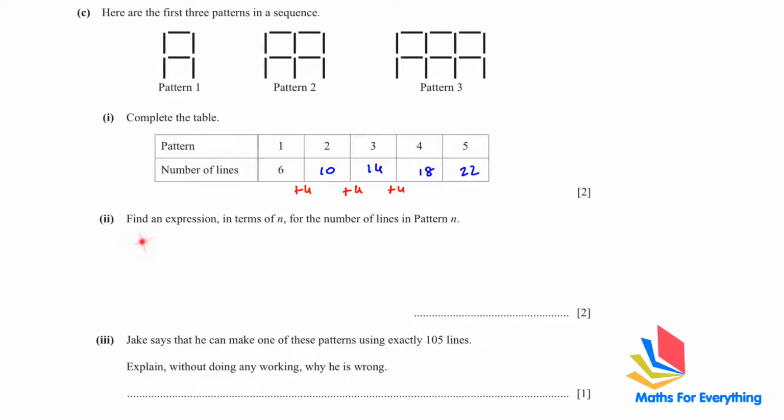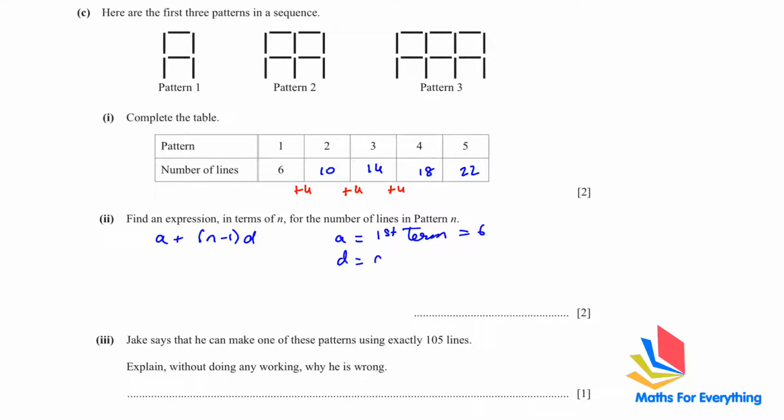Next, find an expression in terms of n for the number of lines in pattern n. If you add or subtract to get the next term, that is an arithmetic sequence. And for arithmetic sequence, we use this formula to find the nth term. A is your first term, which in this case is 6.